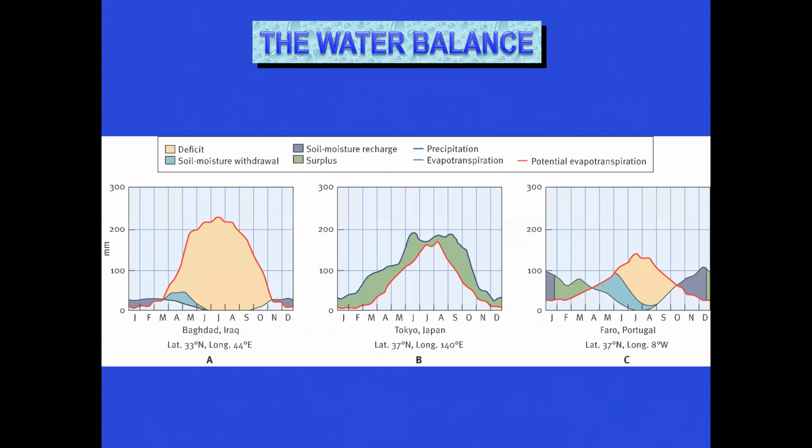And here's the example of surplus versus deficit, depending on where you happen to be, a place like Baghdad, Tokyo, or Portugal. In Tokyo, there's always a surplus. In Baghdad, there's usually a deficit. In a place like Faro, Portugal, which happens to be a seasonal climate, you tend to have a mix of both.